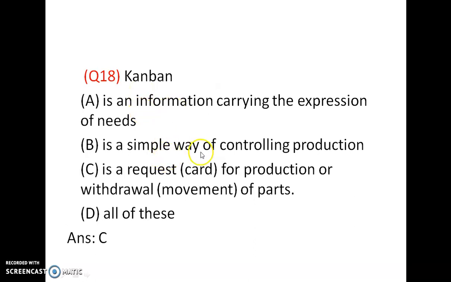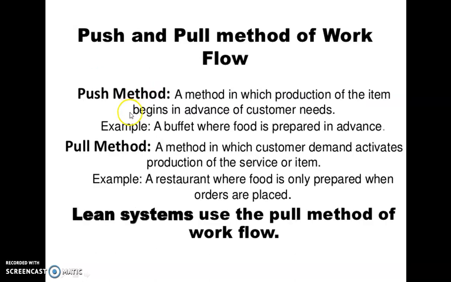Then Kanban system. It is an information carrying the expression of needs. In the Kanban there are two methods available. One is push method, another one pull method. Push method: we are preparing products like cars, automobiles, and every customer product in advance. It is a method in which production of the item begins in advance of customer needs.